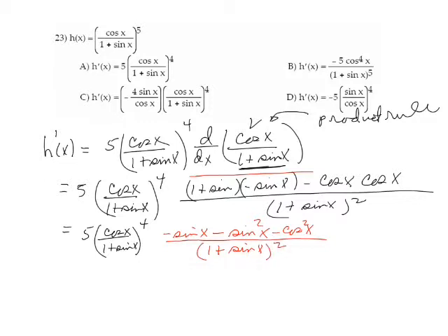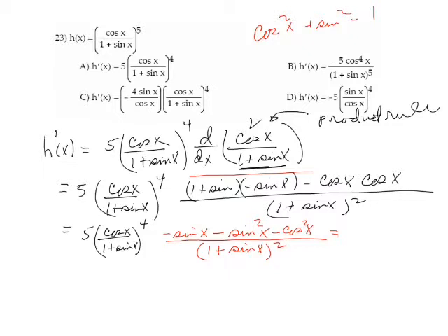And notice that this is equal to, first of all, cosine squared x plus sine squared x equals 1.